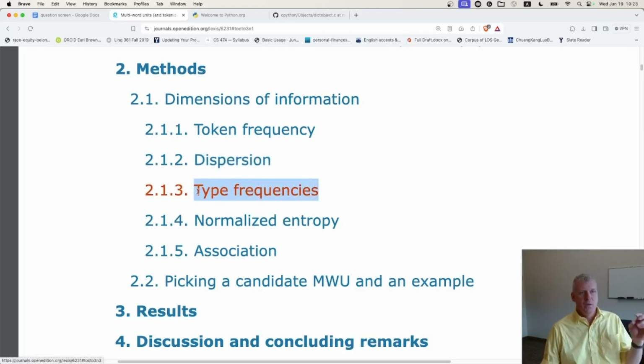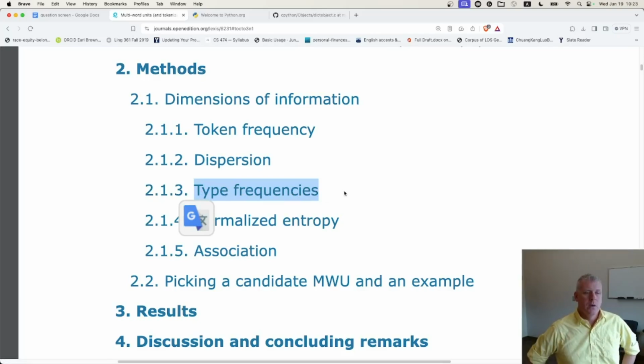Type frequencies, there's 2 of them here, both before and after the target word, the current word. So there's 2 there, with the idea that words that occur with more different other words will be lower on that scale. Meaning words that occur with only a few or just one other word near it are more likely to be a multi-word unit, or would be higher on the scale of multi-word unitness.